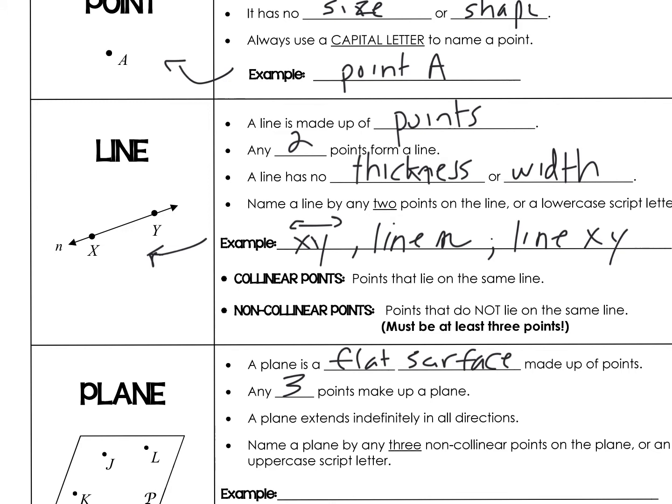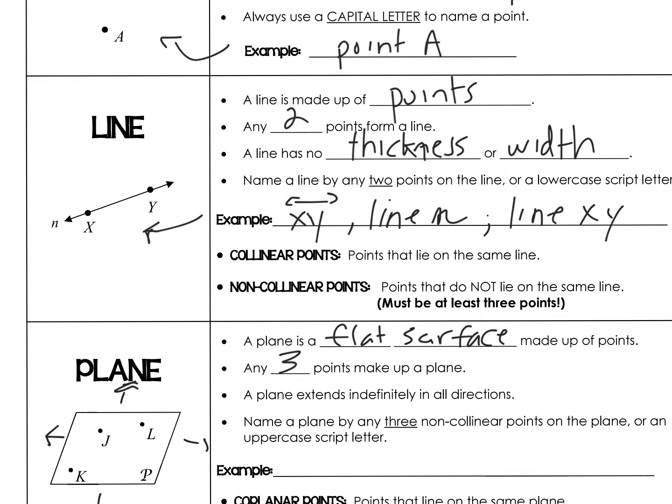A plane extends indefinitely in all directions. Okay, so it extends out, even though I'm drawing the arrows, it extends indefinitely in all directions. And we name a plane by any 3 non-collinear points on the plane or an uppercase script letter.